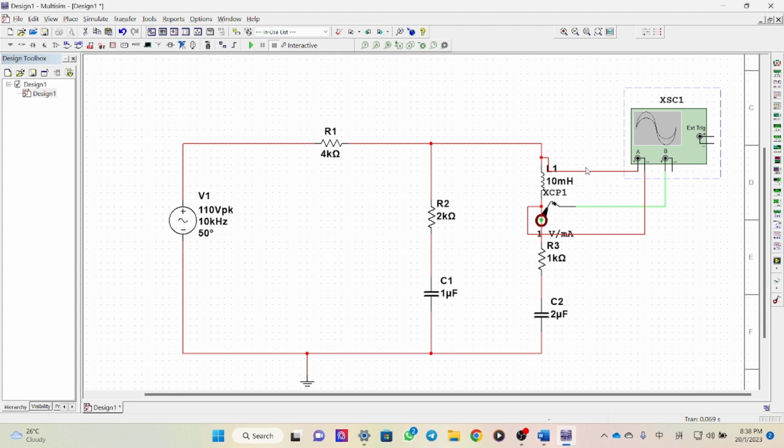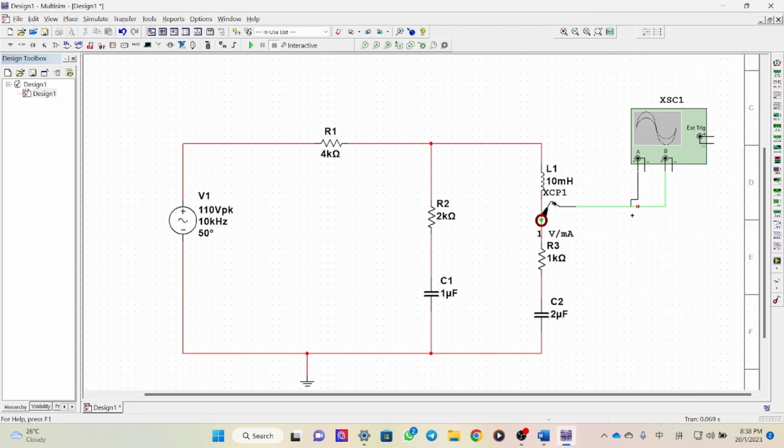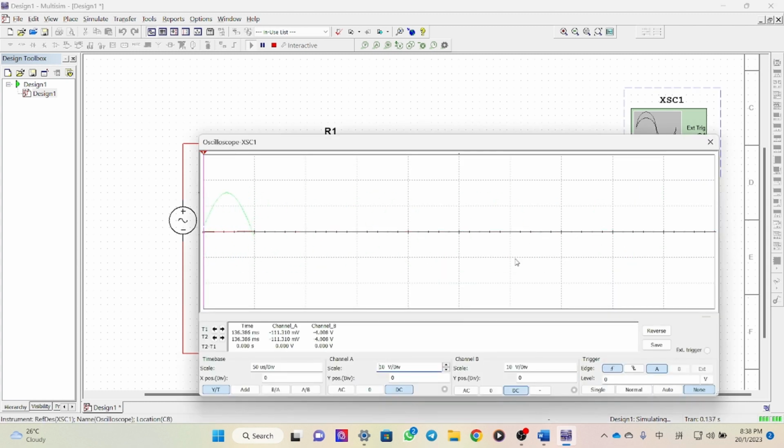So next for the capacitor C2. Okay, from this diagram we can see that this is the opposite of the inductor.